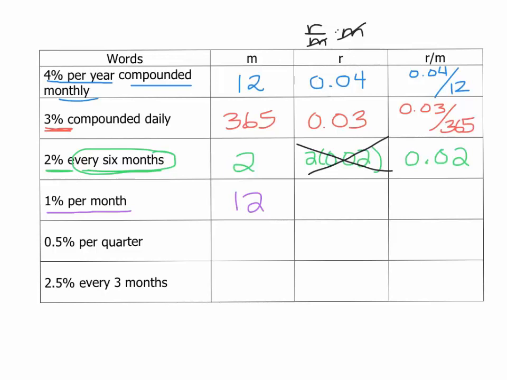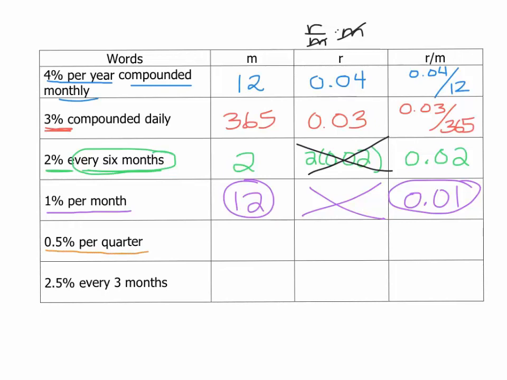And our R divided by M, our rate of compounding per period, is going to be 0.01. Again, we probably don't need this value, so I'm just going to leave it blank. But if I wanted to find it, all I would need to do is take this 0.01 and multiply by the 12.